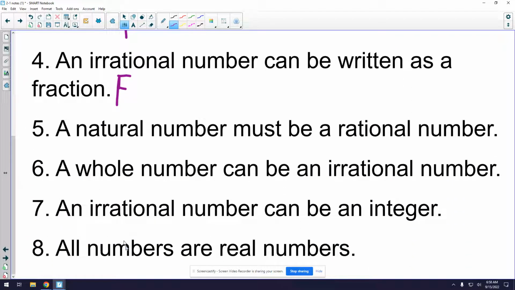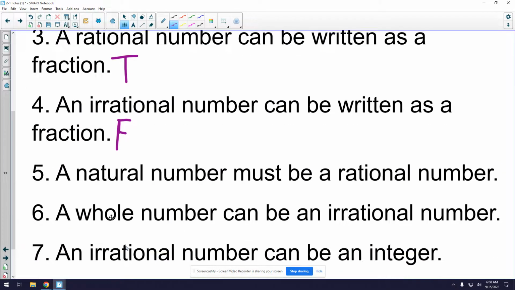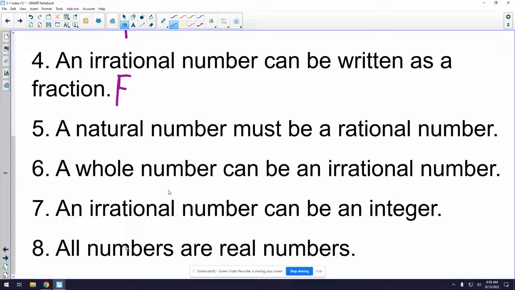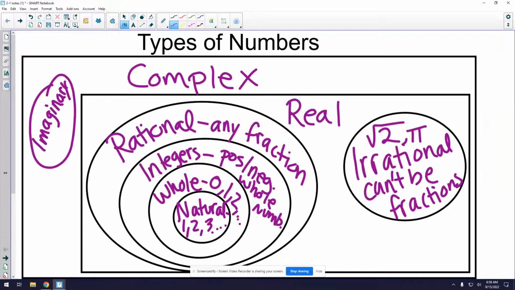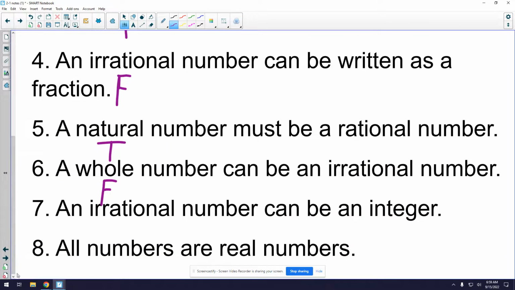A natural number must be rational. Well, here are your naturals. They are inside the rational circle, so that is true. A whole number can be irrational. That's false. Your whole numbers, right here, they are inside the rational circle, but not inside the irrational circle. An irrational number can be an integer.